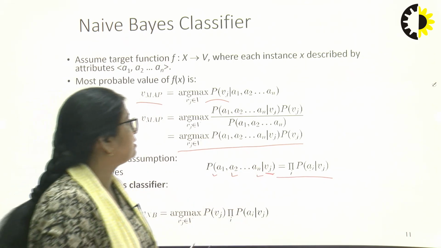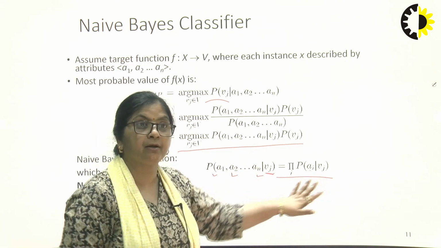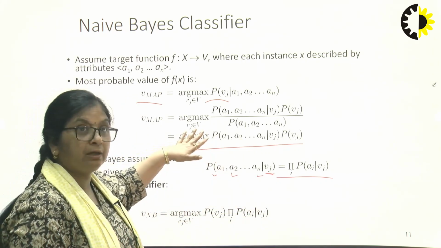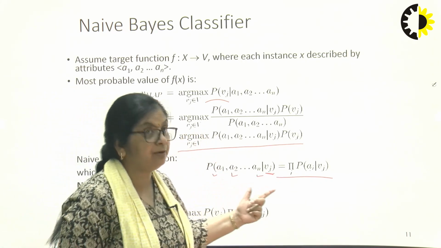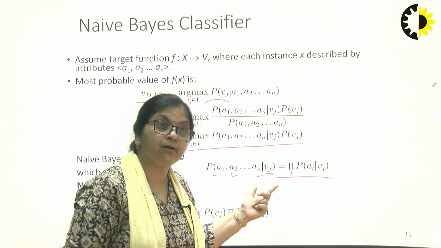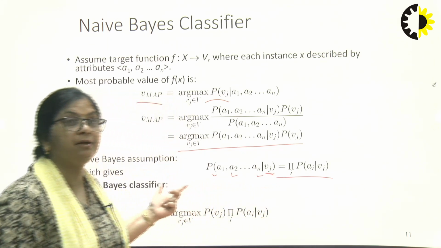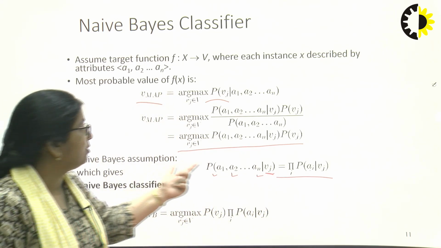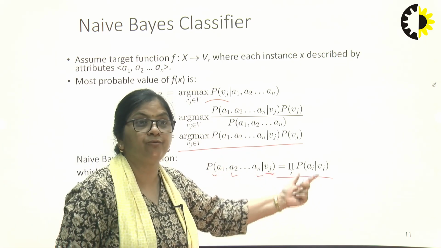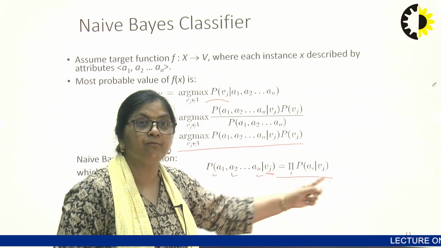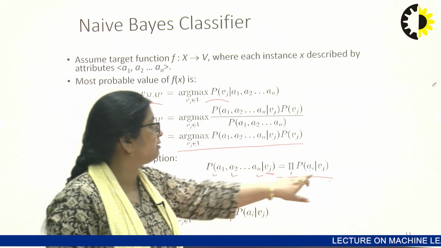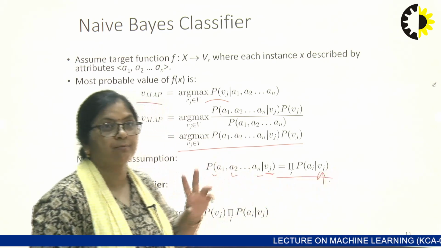Why? Because these are conditionally independent. Okay. So, the chain rule calculation can be highly reduced. The complexity can be highly reduced by taking the naive Bayes assumption of conditional independence of all the attributes when the class is known, when the classification vj is given.